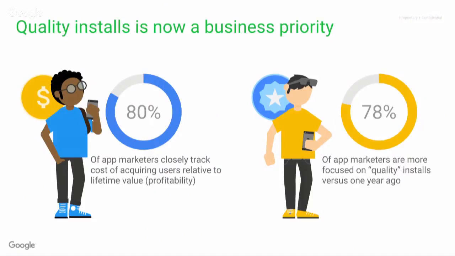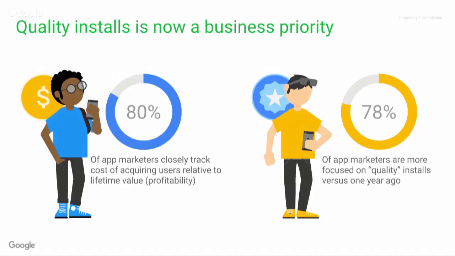This is some survey data that we have from eMarketer, and what they found was that 80% of app marketers closely track the cost of acquiring users relative to their lifetime value or profitability. So in addition to caring about an install, all of these customers are looking at the value of the user beyond the install, whether that's using the app twice a week or making multiple purchases if it's a retail app or game.